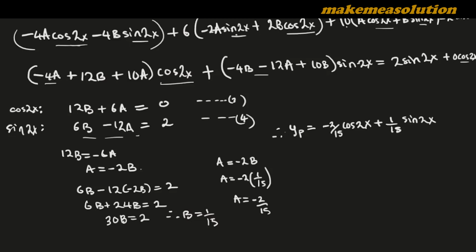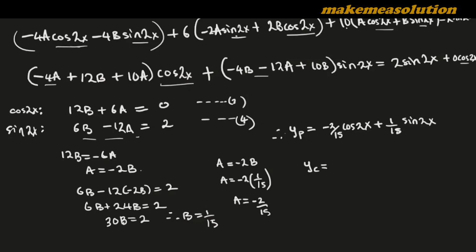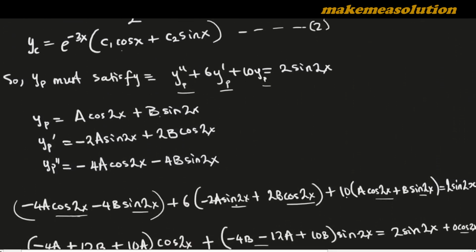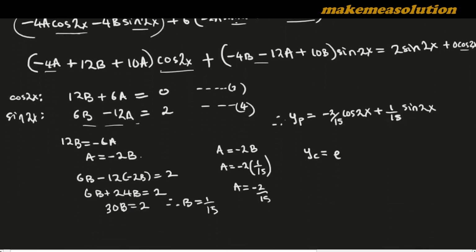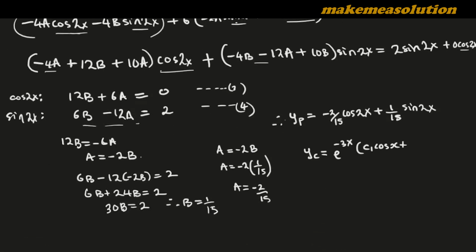So our complementary function yc is given to us as this value over here. So you have exponential negative 3x into c1 cos x plus c2 sine x.